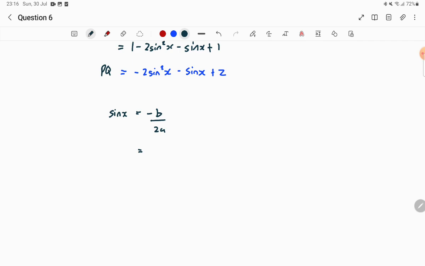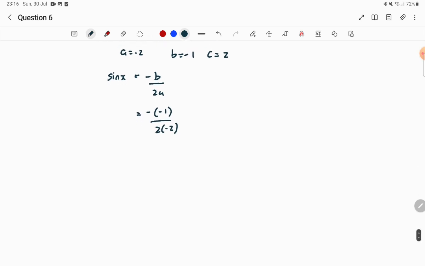Here a equals minus 2, b equals minus 1, and c equals 2, and therefore we get sine x equals minus 1 over 4.